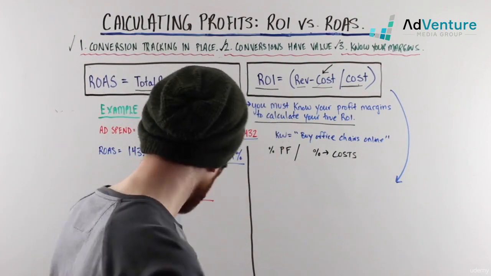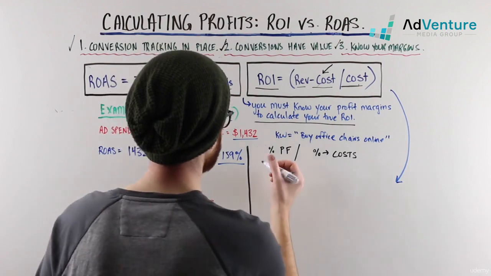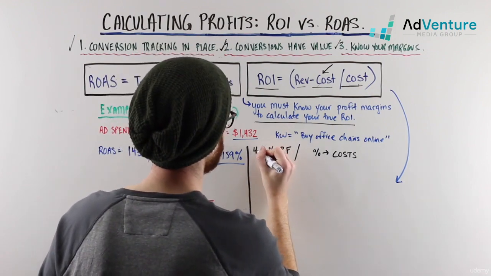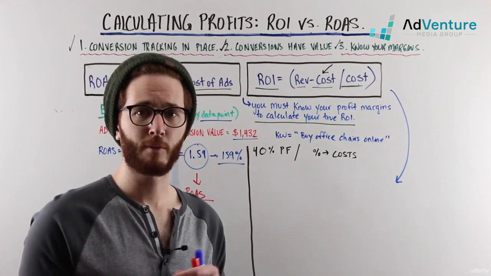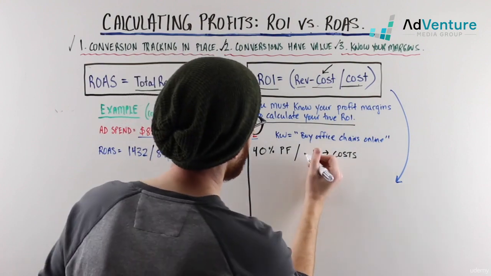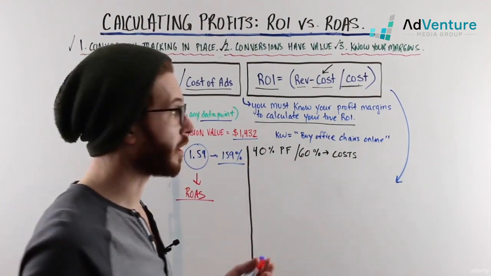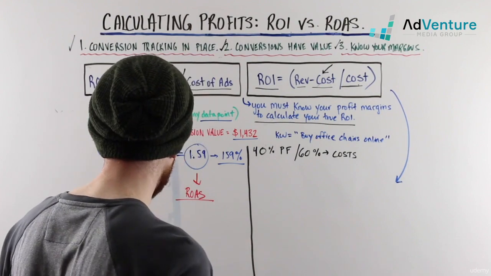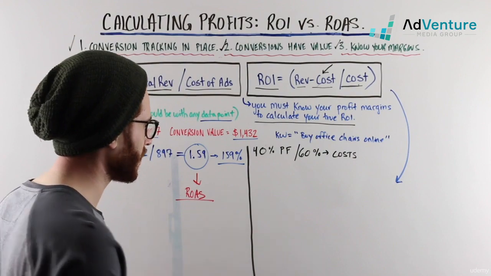Let's say our profit margins were only 40%. The tables have been turned on us. So we have a 40% profit margin, which, guys, tell me how much of that is cost. If my profit margins are 40%, then obviously 60 cents on the dollar goes to the costs, okay? So I have a more expensive business to advertise for.